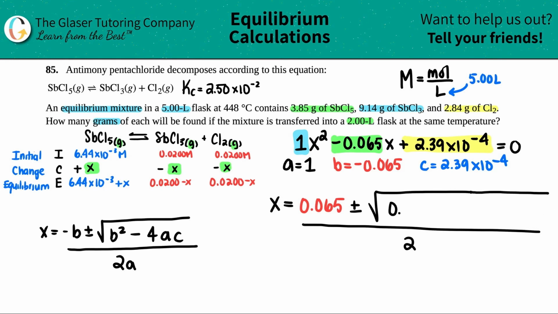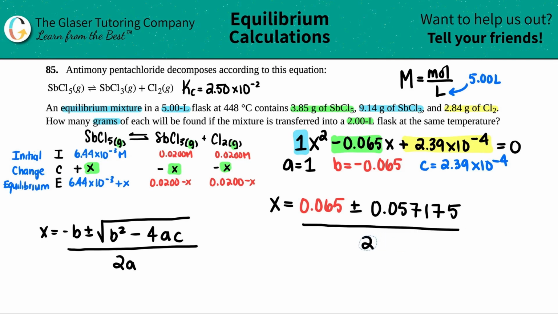This is 0.003269. Let's take the square root of that. And I'm going to try not to round as much as I can. So I have a new number of 0.057175. That's enough. Let's cut this off.